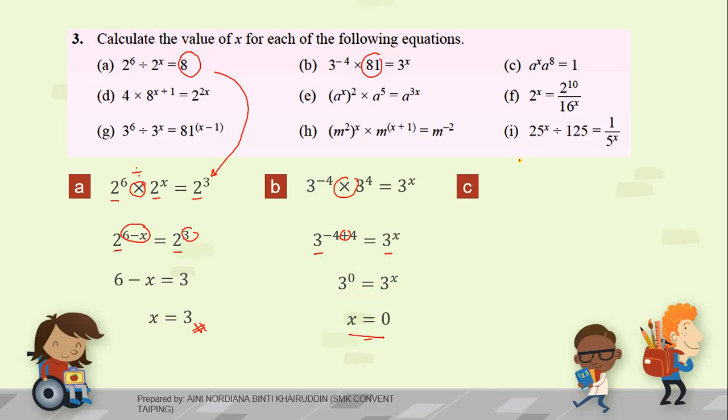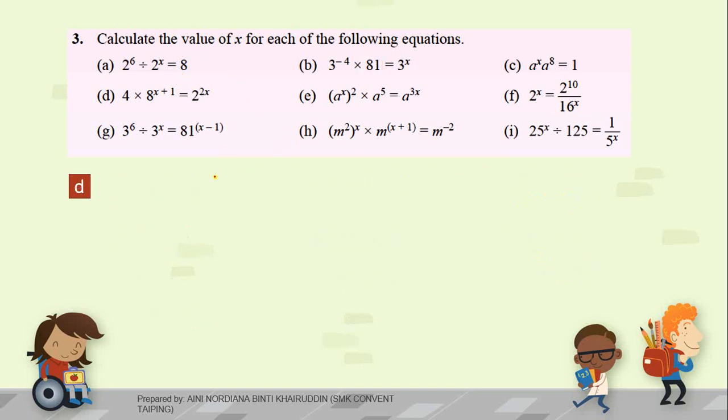For C, this one is multiplication, so don't get confused. This is not 8x. This is x plus 8. So since the bases are equal, then the indices are equal. So x equals negative 8. D, change this 8 to the power of 3.